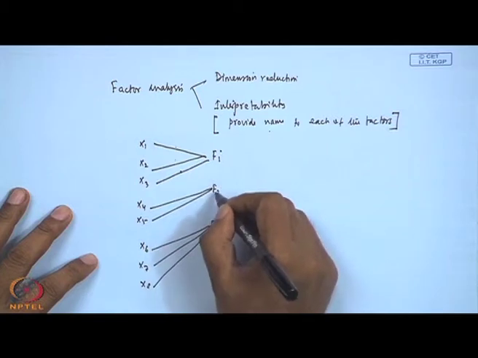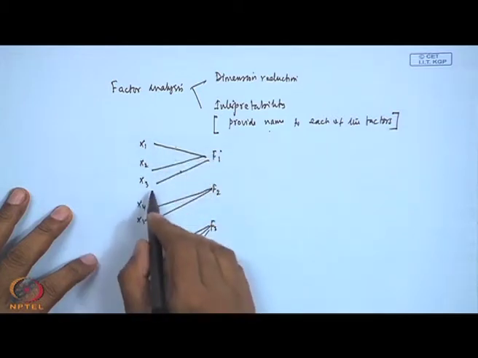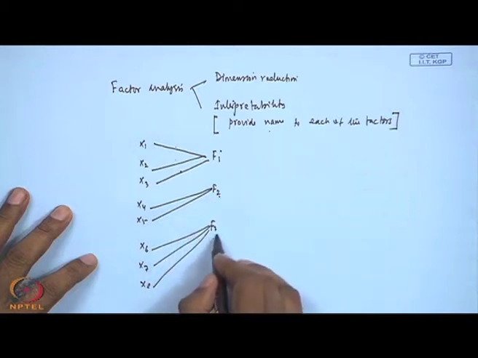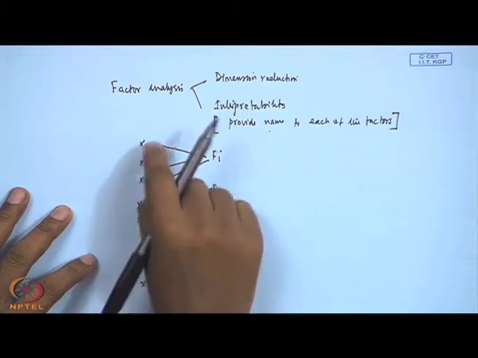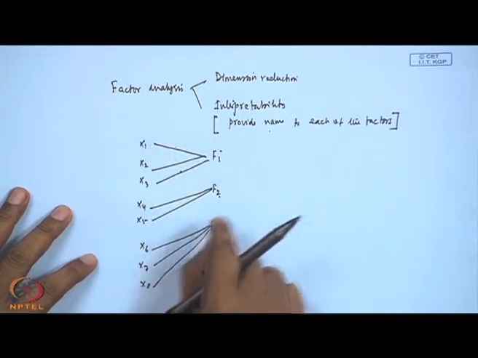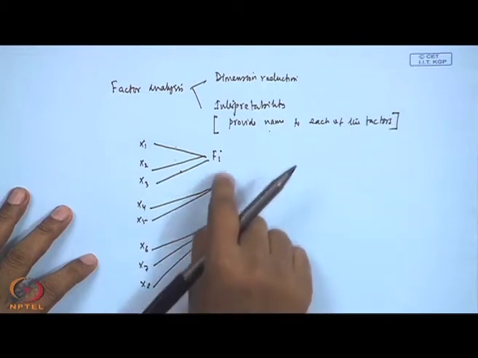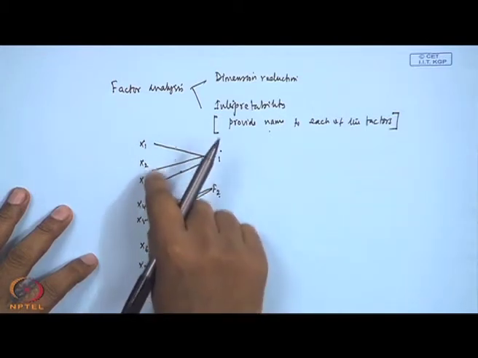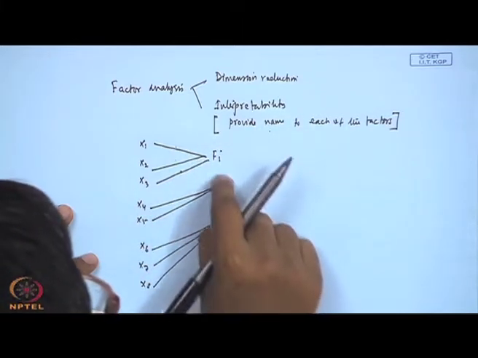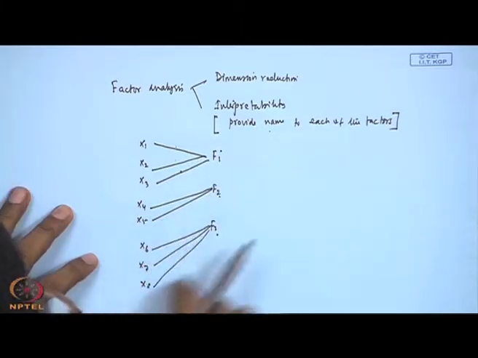But the other loadings like x1, x2, x3 loadings on factor 2 as well as factor 3, they are very small, negligible. That means we can ignore those loadings. Under such a situation, we can say that x1, x2, x3 is creating factor 1, x4, x5 is creating factor 2, x6, x7, x8 is creating factor 3.